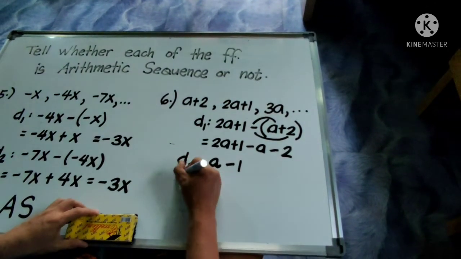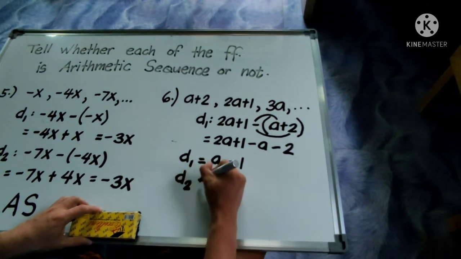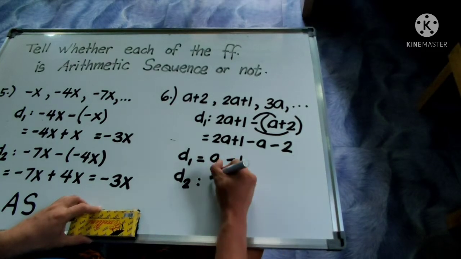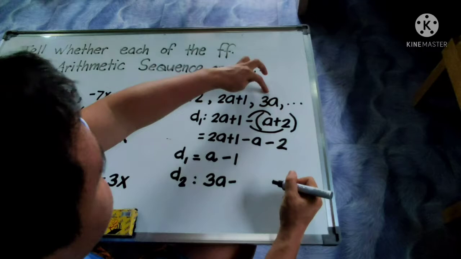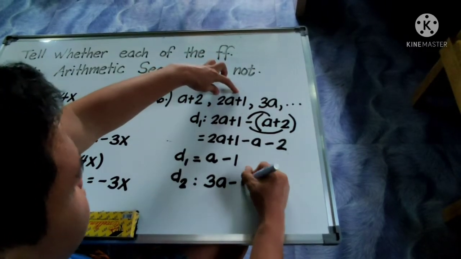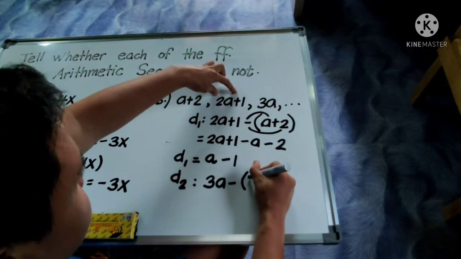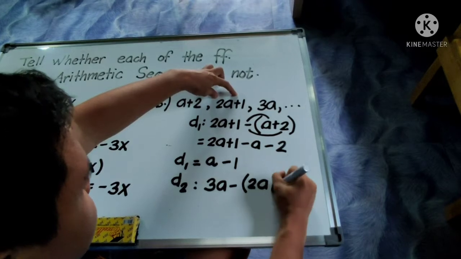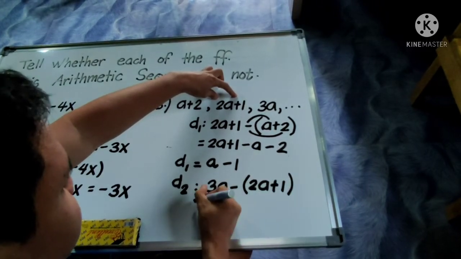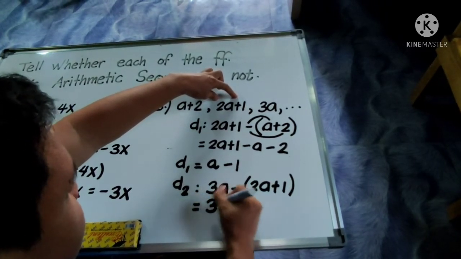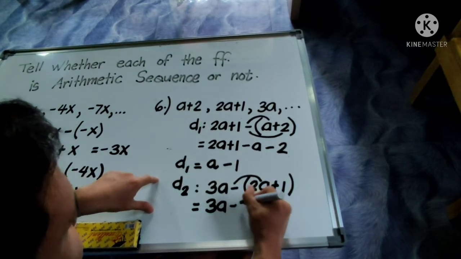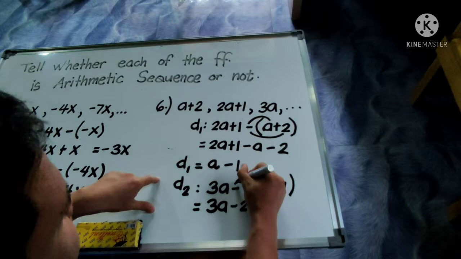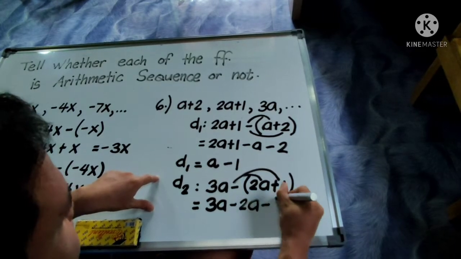Proceed to the second difference. D sub 2, you will have 3a minus the previous term, enclosed in parentheses because it's a binomial, 2a plus 1. So you will have 3a, negative times 2a is negative 2a, negative times 1 is negative 1.